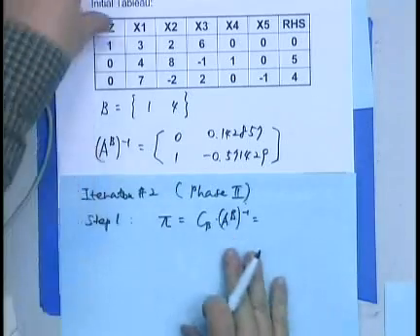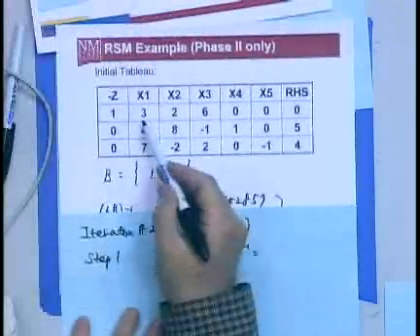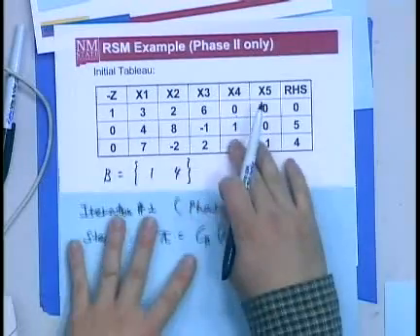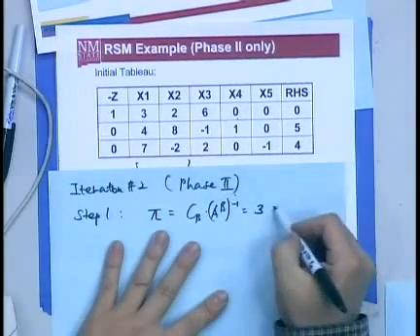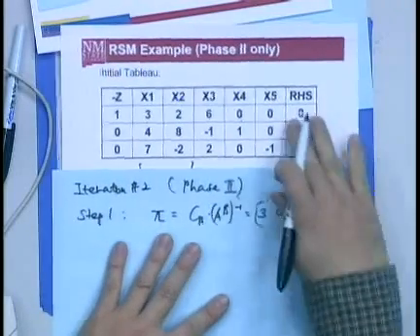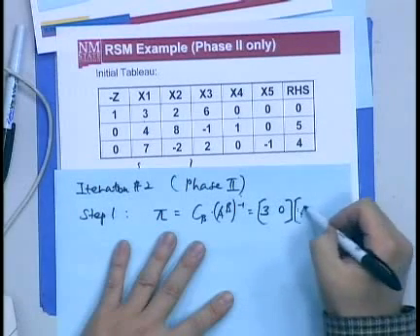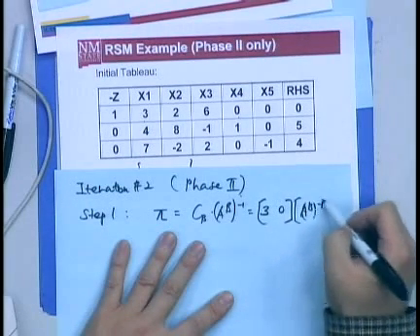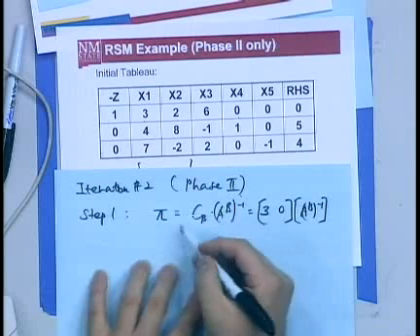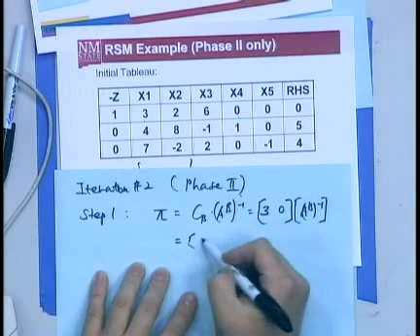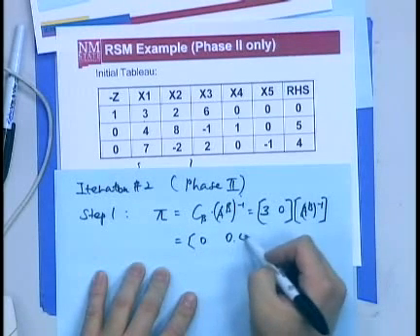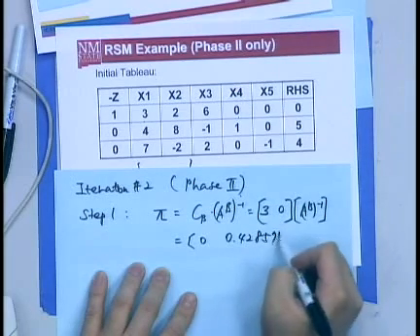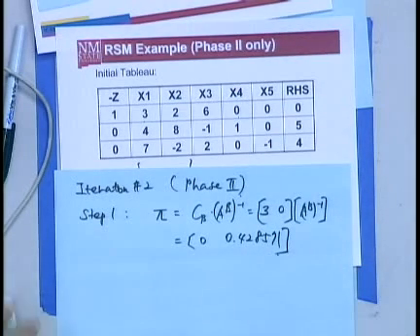And CB is 3, 0, right? And the basis inverse matrix right here, then pi becomes 0, 0.428571. Okay?